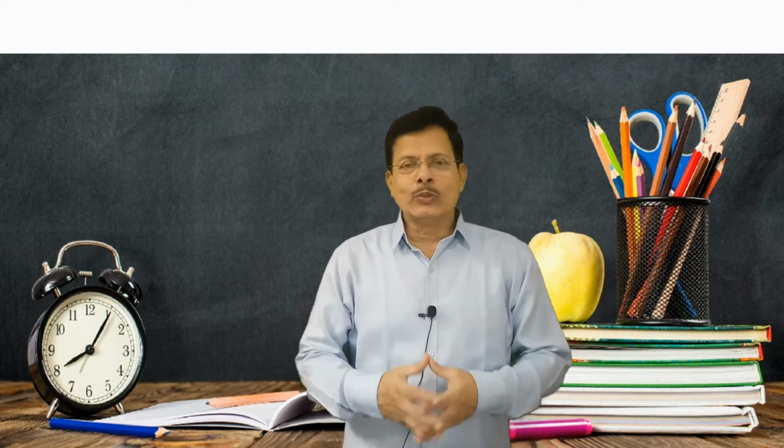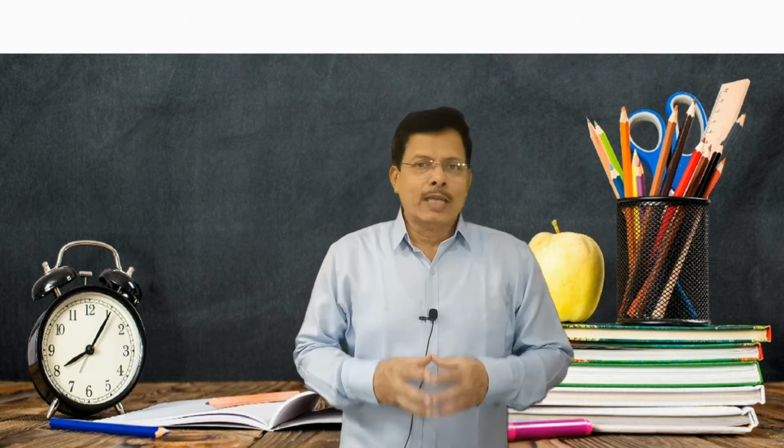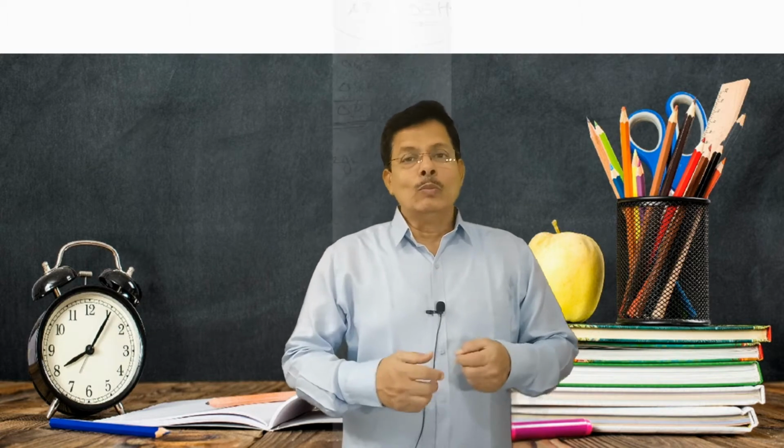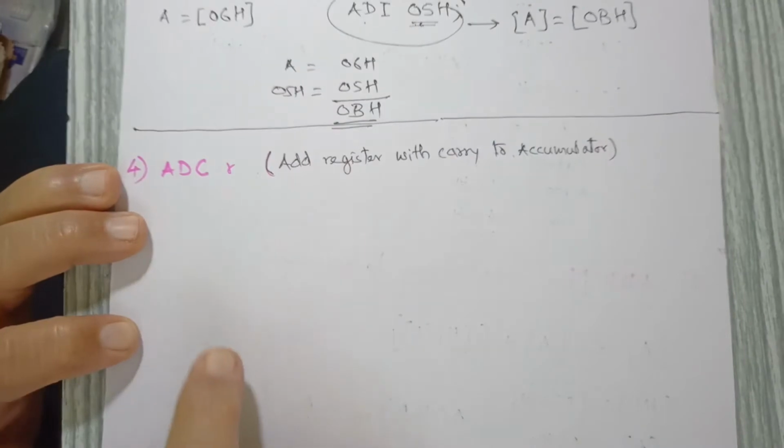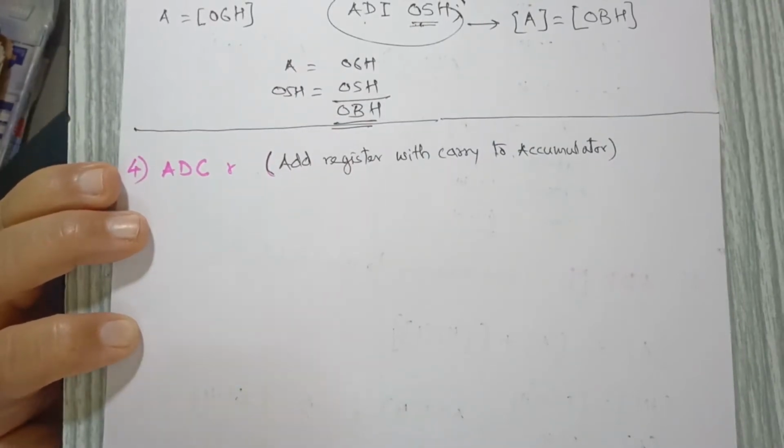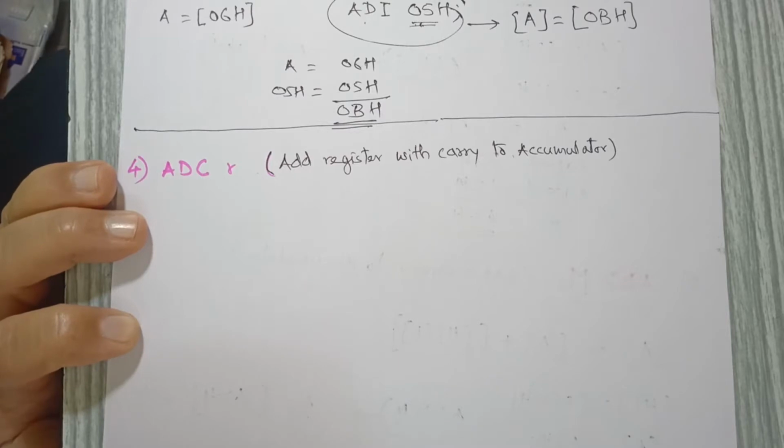So let us study today the add with carry instruction. We have studied these three instructions where an 8-bit number is added to an 8-bit number. But whenever you add one byte to another byte, the sum is very likely to exceed 8 bits, because the sum cannot be accommodated in just 8 bits, and there occurs the carry.